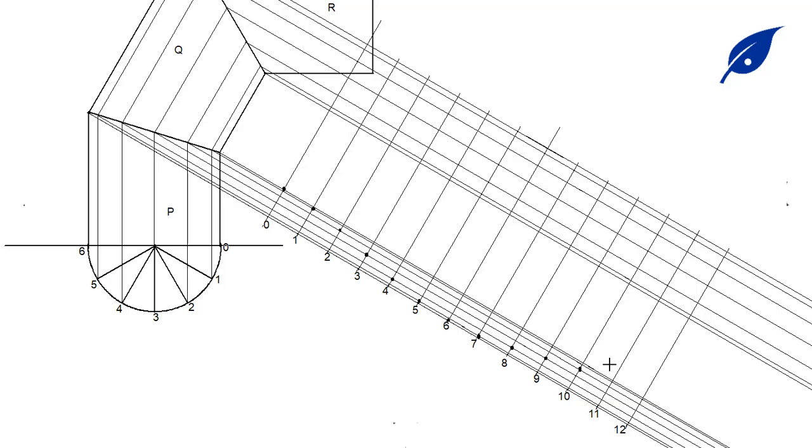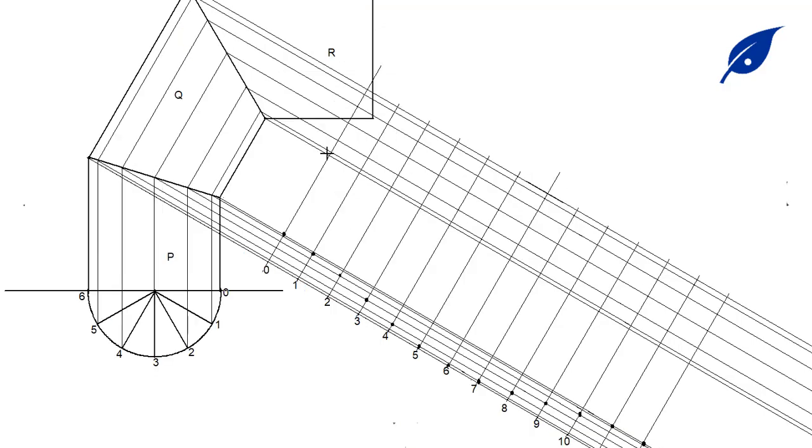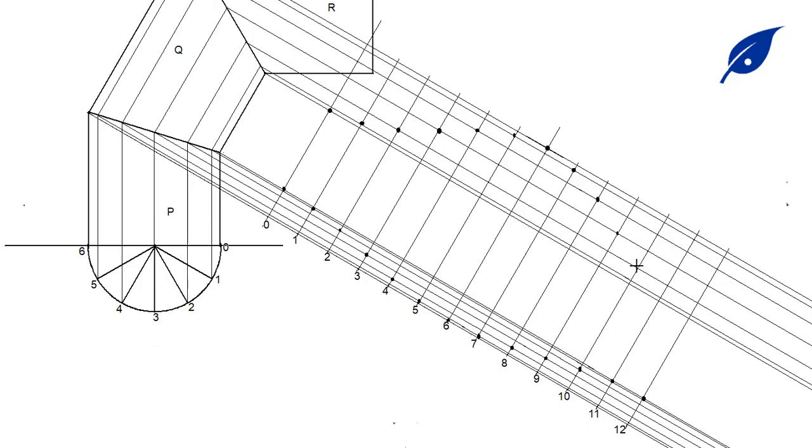Then we'll repeat the same process starting from the 0 point for the upper part of the pipe. So get the required position for each of them as they meet the respective point.